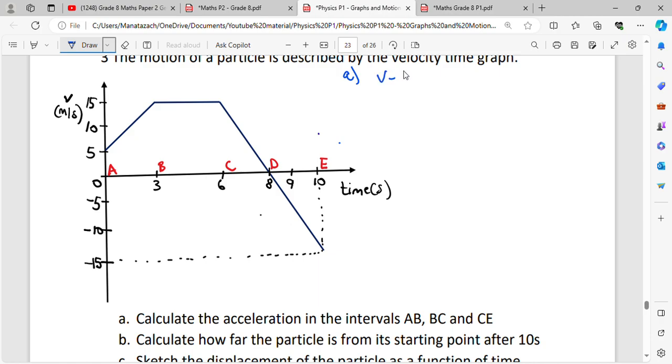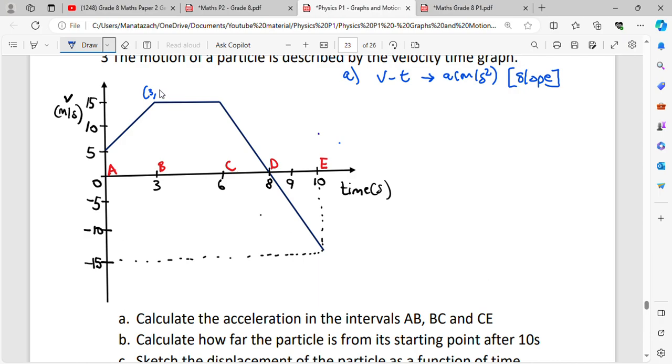If you are given the velocity time graph and you're asked to work out the acceleration, you need to focus on the slope. In order to calculate the slope, you need to identify the coordinates.